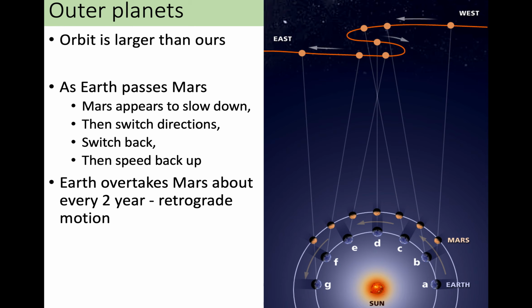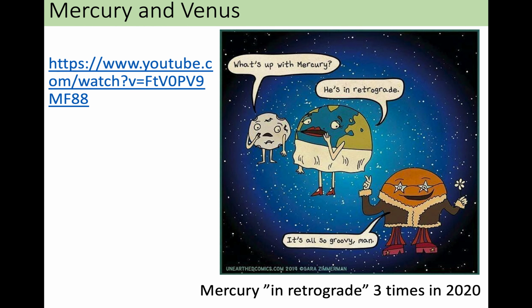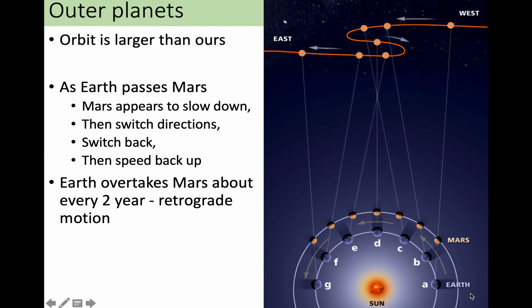So here's a diagram showing Mars. As Earth passes by Mars, what we end up seeing is a bit of a slowdown and then a reverse and then a speed back up. So the path of Mars also has this retrograde. Mercury, I mentioned, had 3 different retrograde times in 2020.